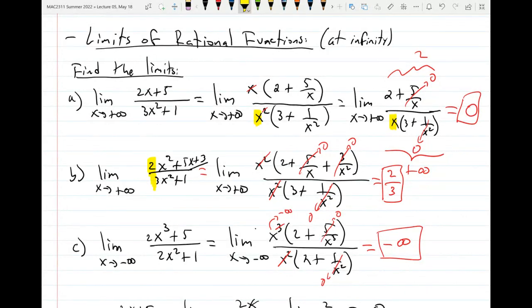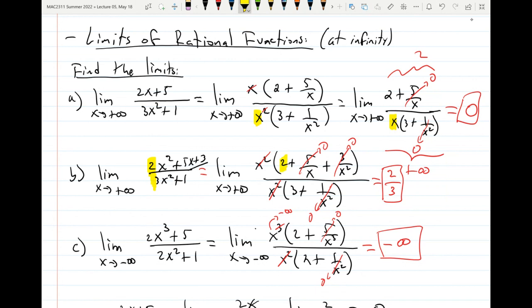The other situation is, what if the degrees are the same? If the degree of the top is the same as the bottom, that would be the case like example B. In this case, we can apply the same procedure, and this time the x's responsible for the infinity both cancel out in the top and bottom. So what will remain is whatever numbers we had as coefficients of those x's.